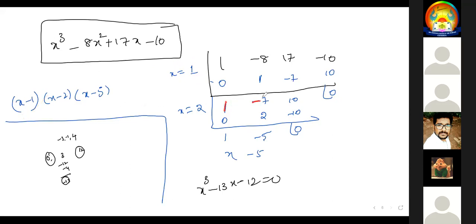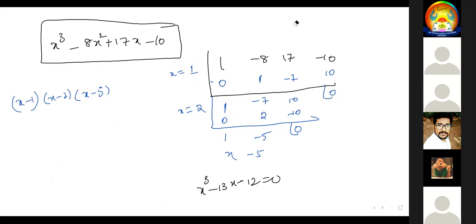So whenever you get 0, we can say that x equal to 1 is a root. That is, x minus 1 is a factor. After that we got 1, minus 7, 10. I checked with 1 and the answer did not come, so I'm checking with 2. 1, 2s are 2.